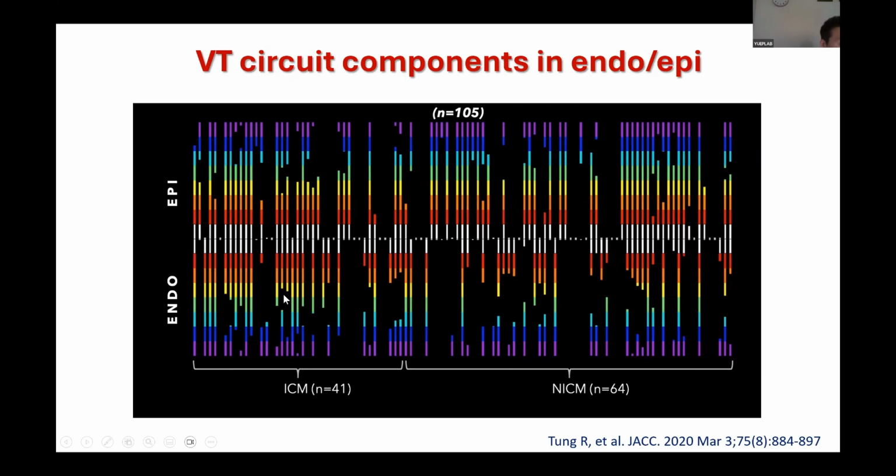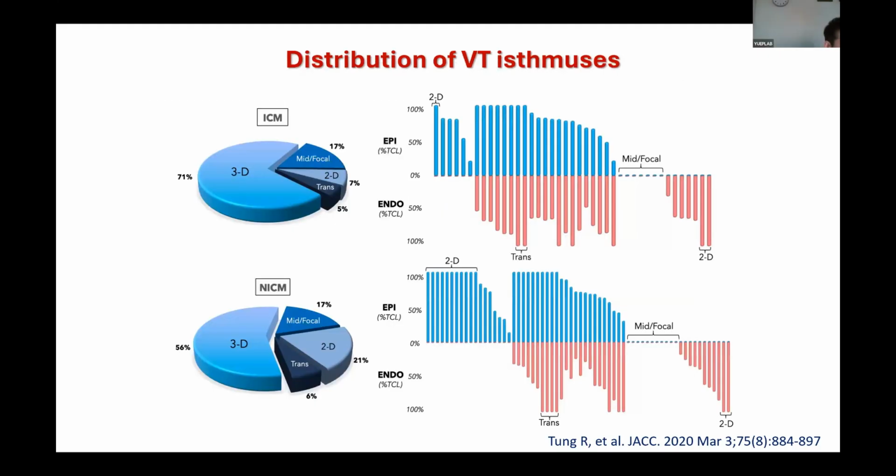Actually, the majority of VT circuits are three-dimensional. Probably everyone has looked at this paper already, so I just try to show you that even for ischemic or non-ischemic, almost 50% to 70% have a three-dimensional architecture, which means part of the circuit involves endo, part involves epi, or both at the same time.